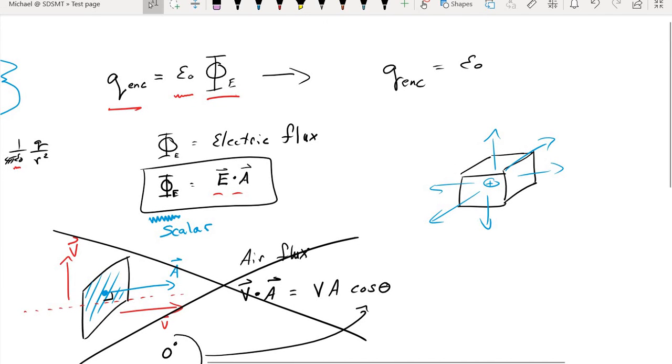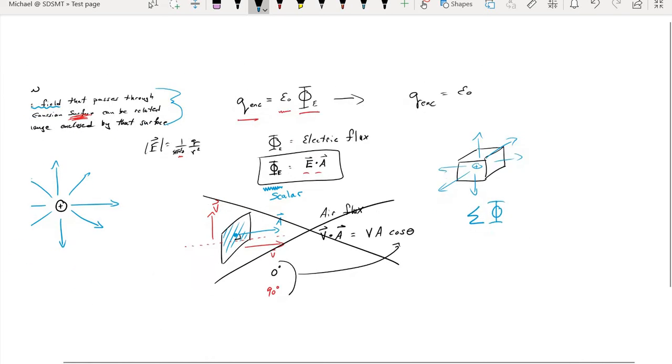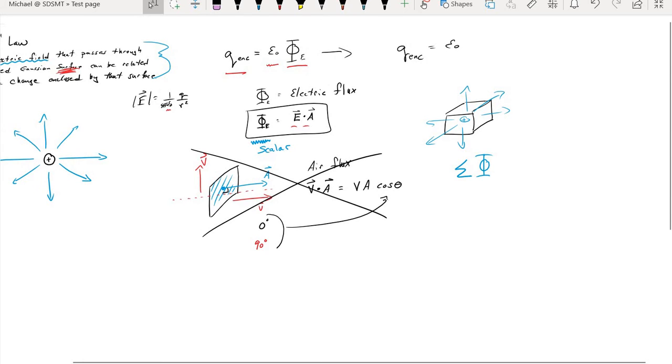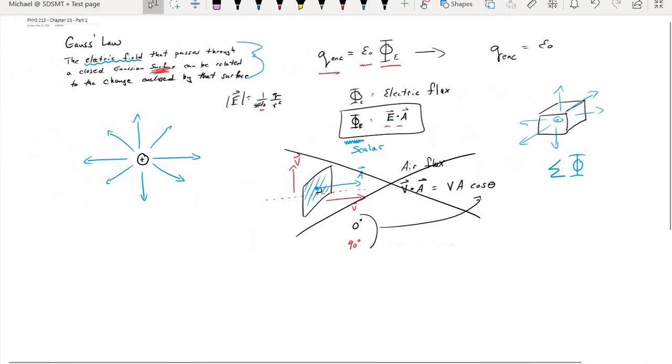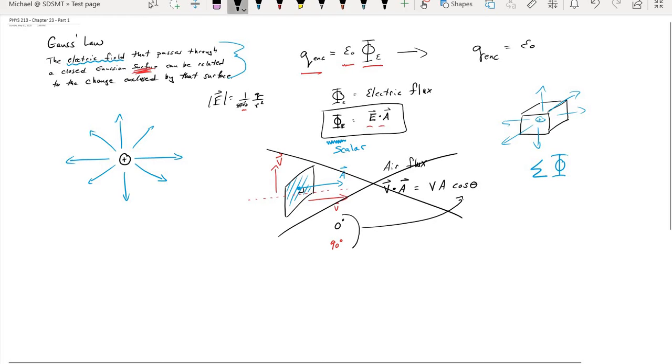So adding things up, in this case, since each face of the cube is predefined, we would just add up the individual flux values from each face. But not all shapes are going to be as simple to work with. When it comes to the individual charge over here, all of our electric field lines are extending outward along the radial direction.